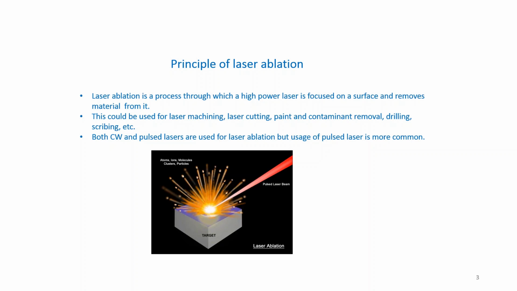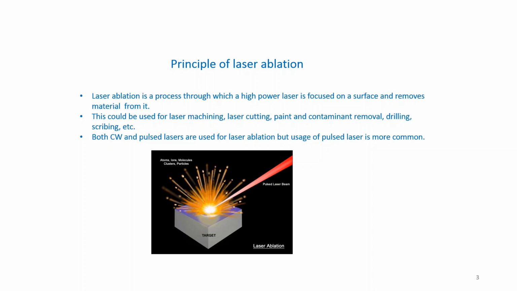This laser ablation could be used not only for laser cleaning, but also for laser machining, laser cutting, paint removal, contaminant removal, drilling, scribing. But our focus in this talk would be laser cleaning. But all of these techniques use laser ablation.